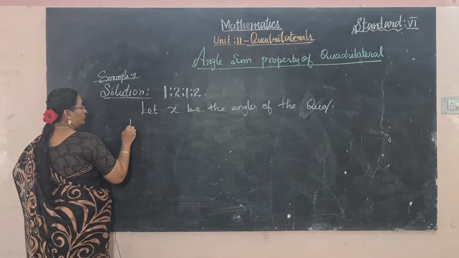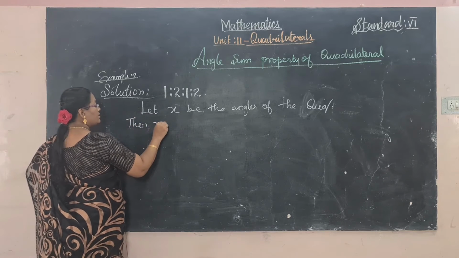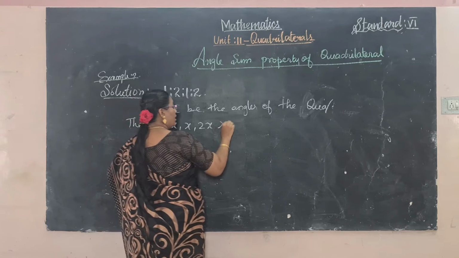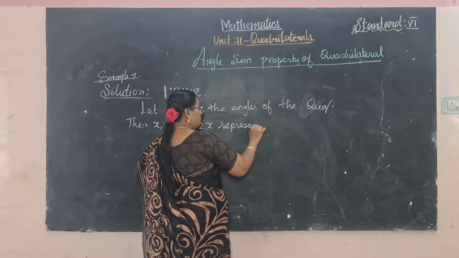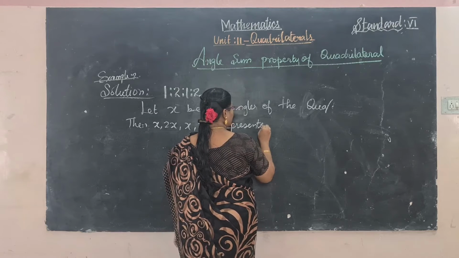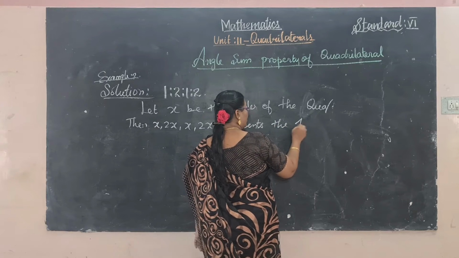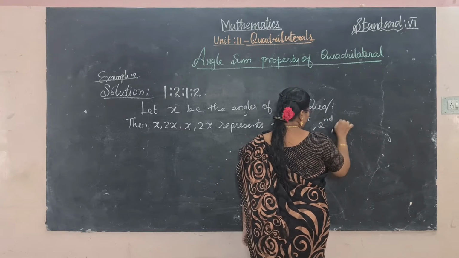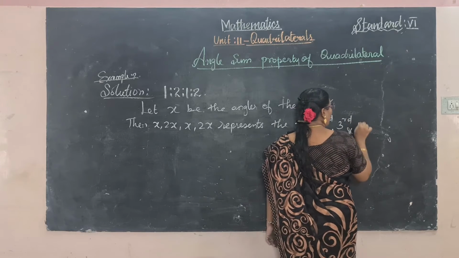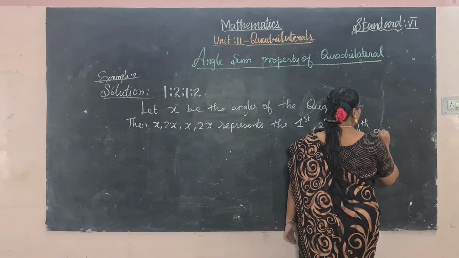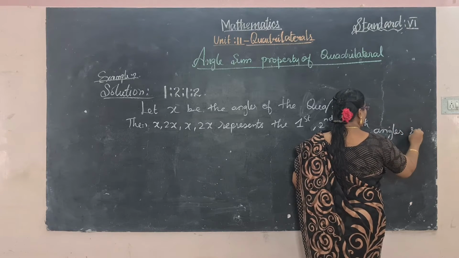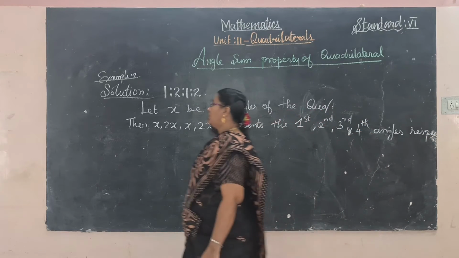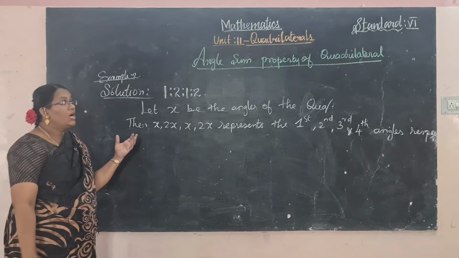Then x, 2x, x, 2x represent the first, second, third and fourth angle respectively. Now which property do we use?